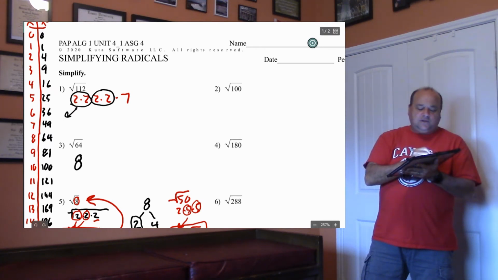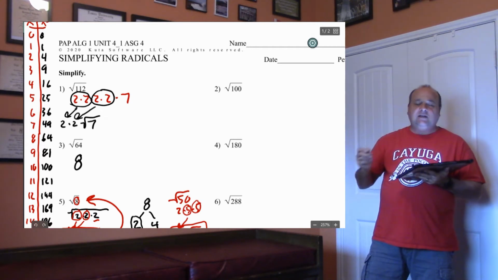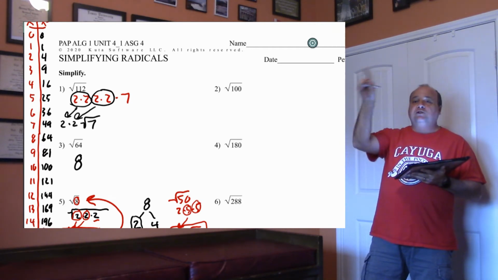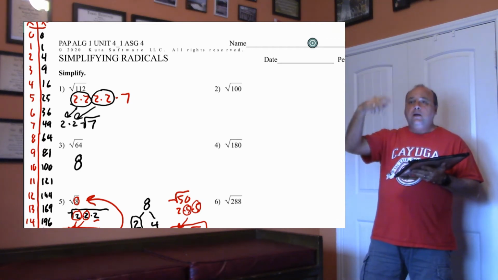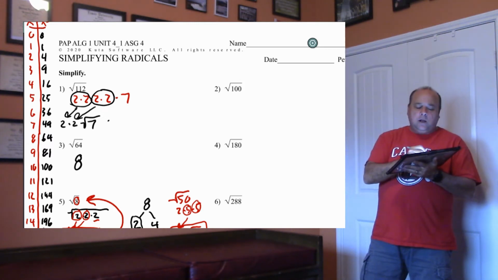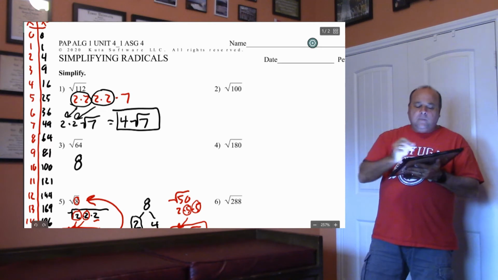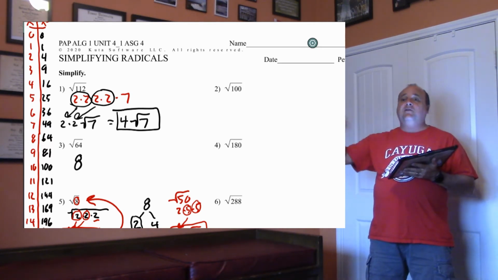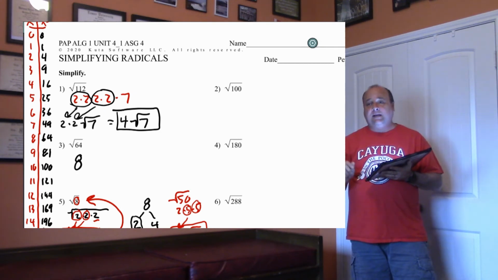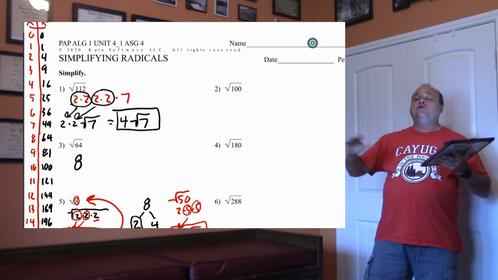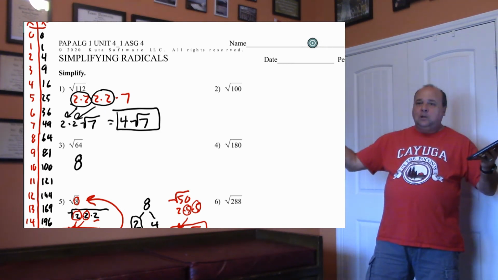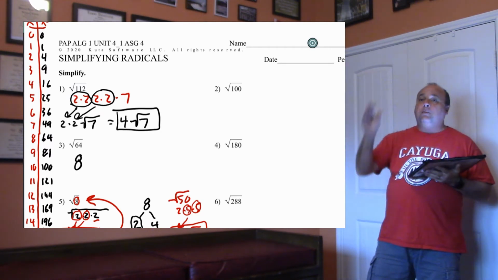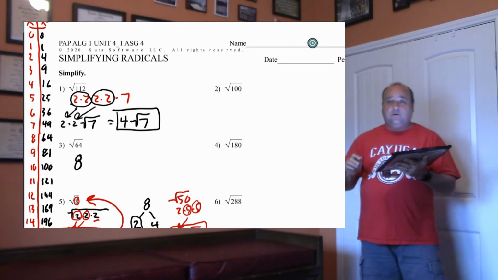So I'm going to take this 2, write it outside, this 2, write it outside, and my 7 stays inside. I got 2 numbers outside, so I'm going to multiply. So 2 times 2 is 4. This will turn into 4 square root of 7. And if I were to calculate the square root of 112 and 4 times the square root of 7, my decimal answers would be the same. Okay? You've never done this before, so hold on, it's not that hard because you have the calculator to prime factor these.